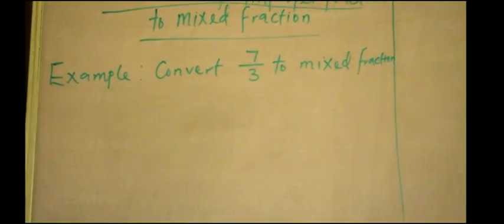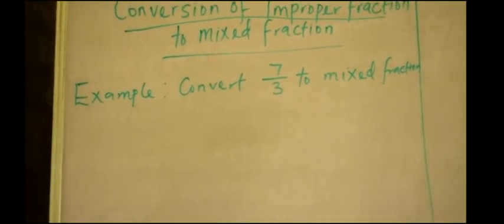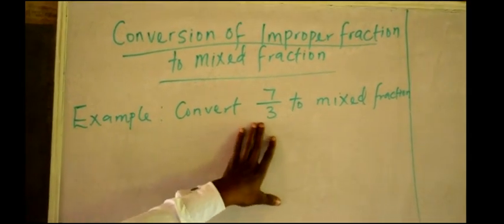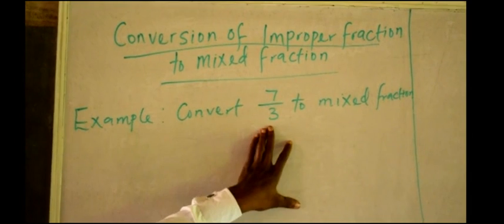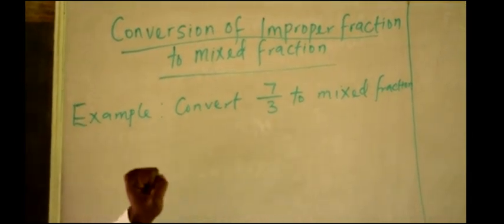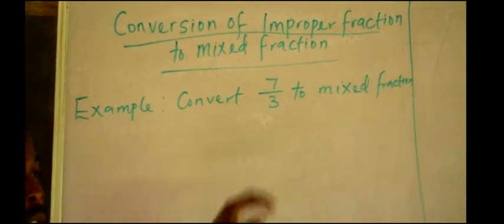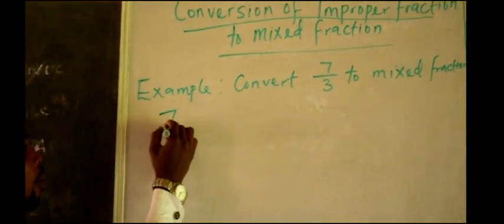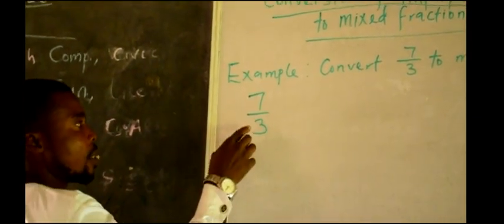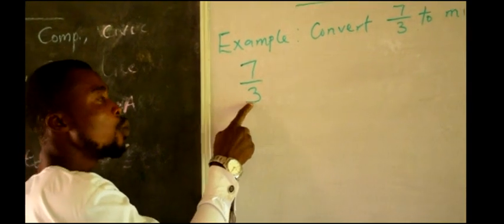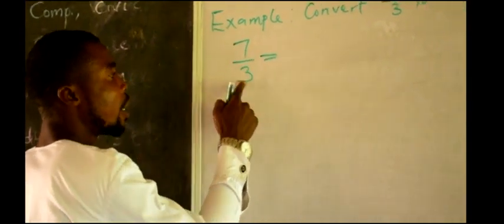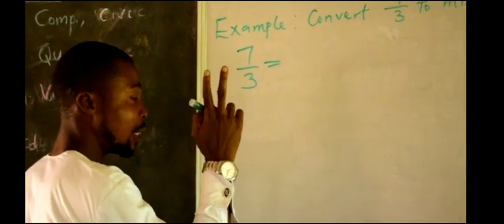We want to convert 7/3 to mixed fraction. 7/3 is an improper fraction. How are we going to convert to mixed fraction? 3 will go in 7 how many times? 3 will go in 7 2 times, that is 6.